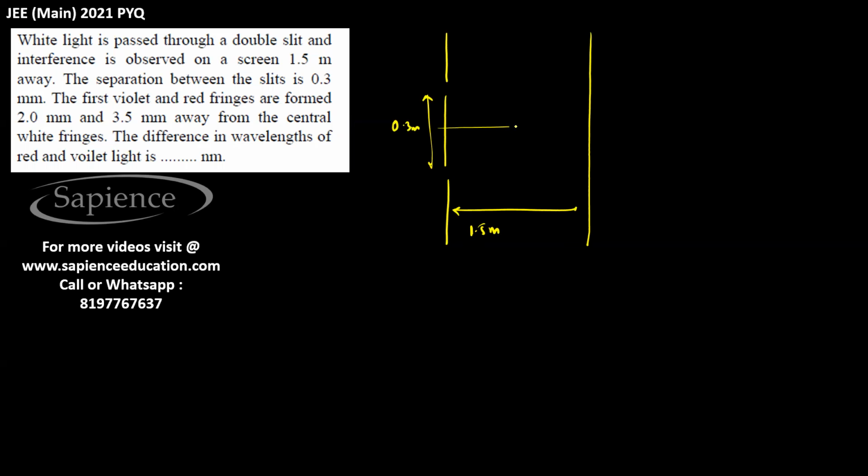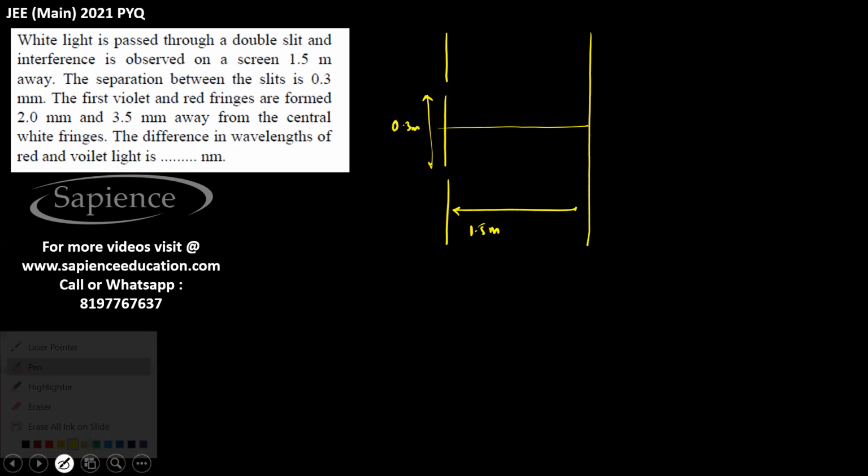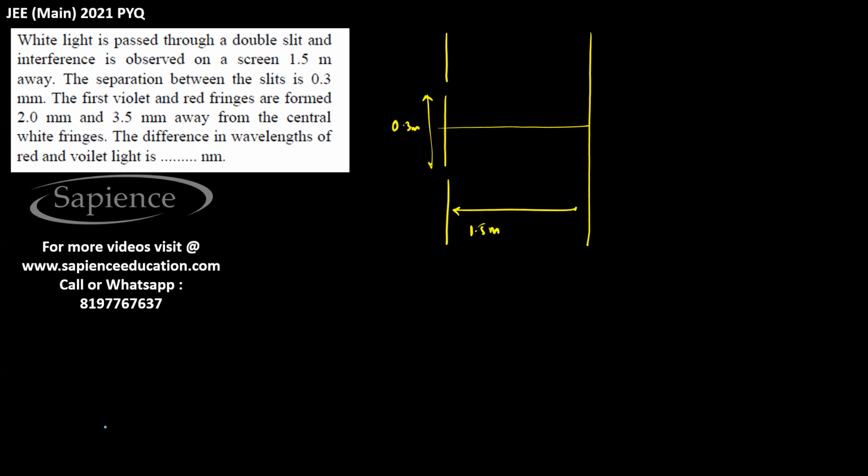The first violet fringe is formed at 2 mm from the central line, and the first red is formed at 3.5 mm from the central line.